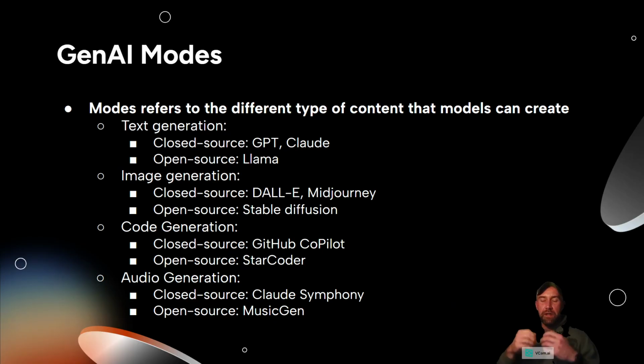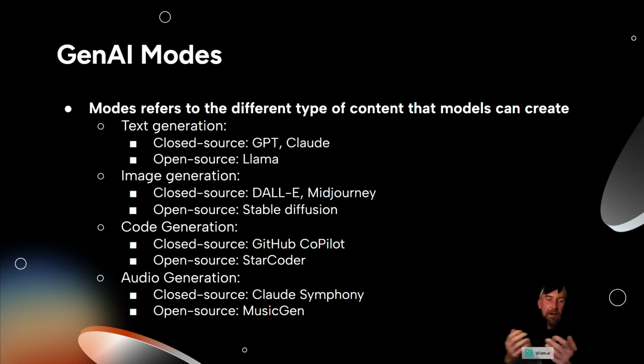You can use these in your integrated development environment, in your coding environment. You can start writing code, and it's going to autocomplete your code based on its training. It's been trained on so many examples of code. It knows when you start writing a function, it's seen similar functions in its training data, and it will start to autocomplete your function, the code that you're trying to generate, on your behalf. So that's another mode, code generation.